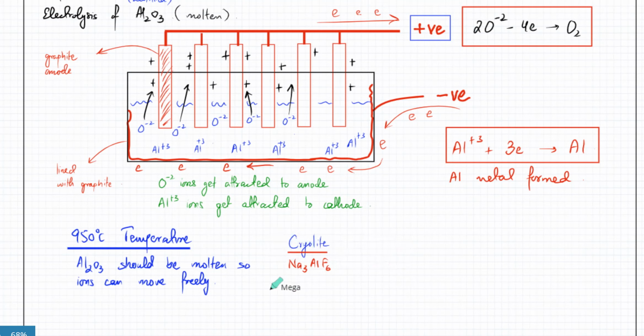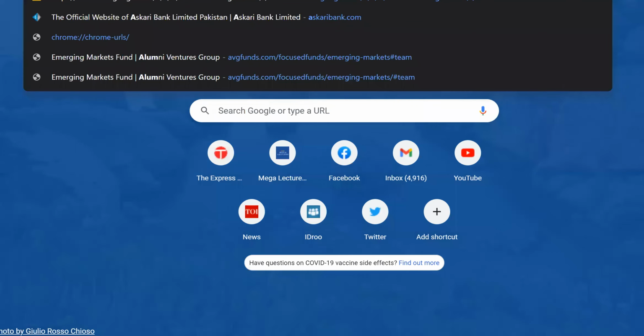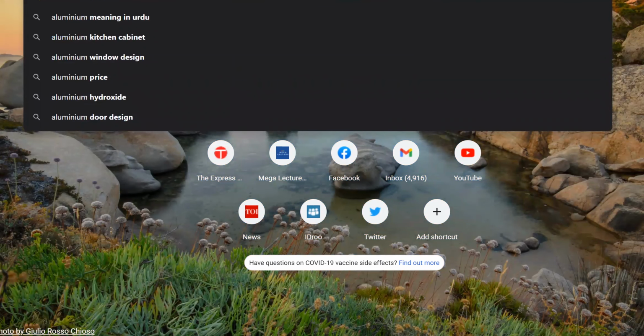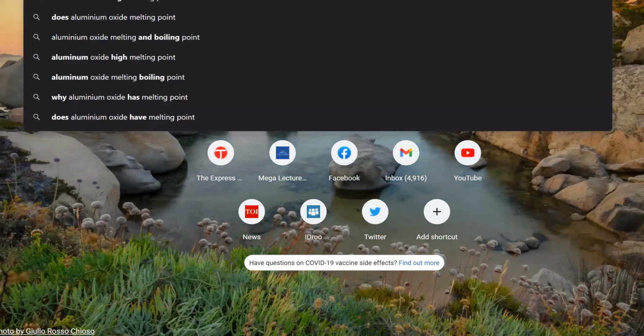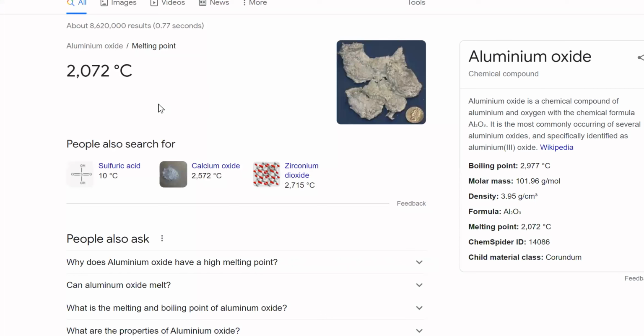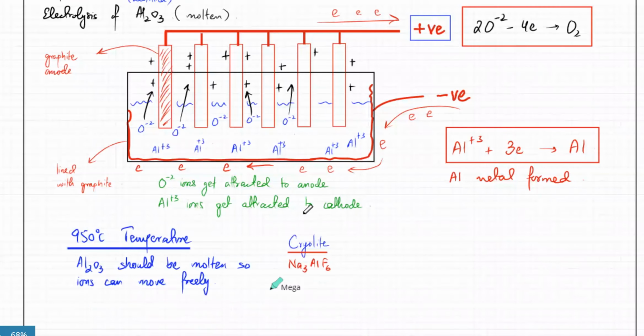The melting point of aluminum oxide is really high, that requires a lot of energy. So industrially, it's not feasible to melt aluminum oxide. It's going to cost you a lot.